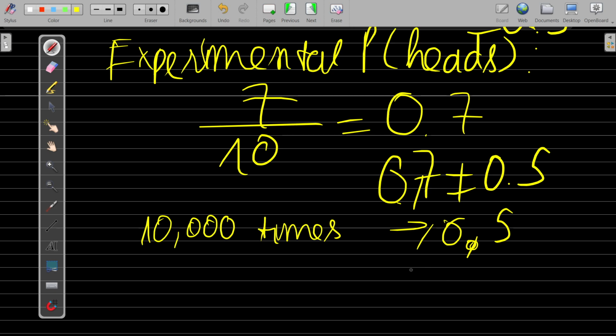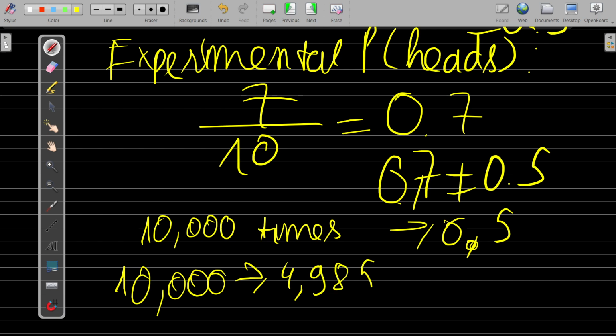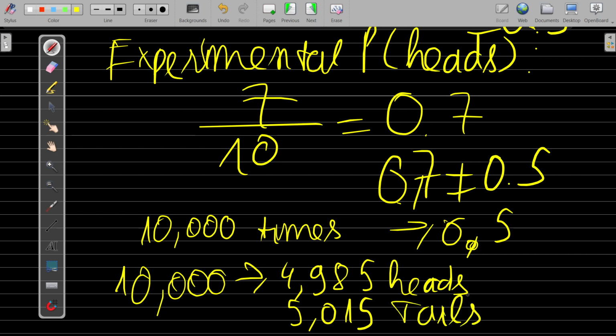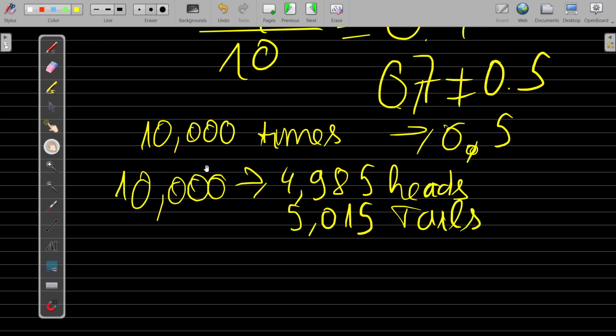theoretical probability. So let's say for 1,000 flips, I get 4,985 heads or so, and I have 5,015 tails. Yeah, let's say that this is the case.